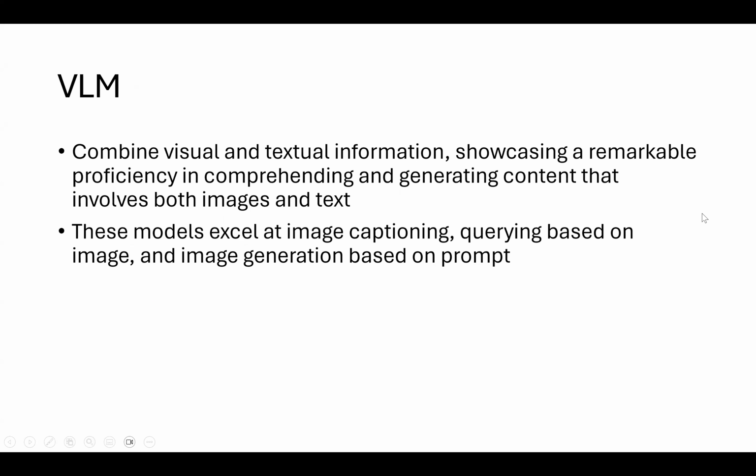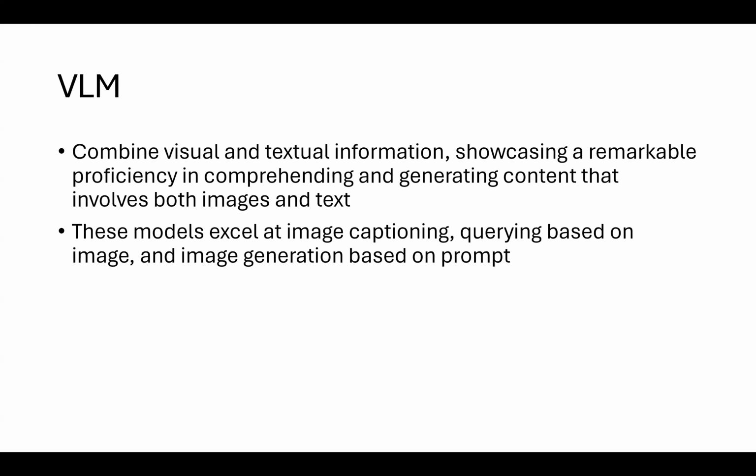Now, what is a vision language model? Well, a vision language model combines visual and textual information, showcasing a remarkable proficiency in comprehending and generating content. That is, it combines computer vision and text and generates responses based on that.